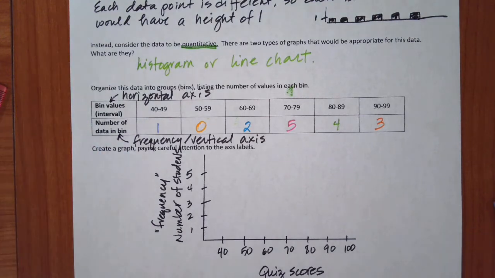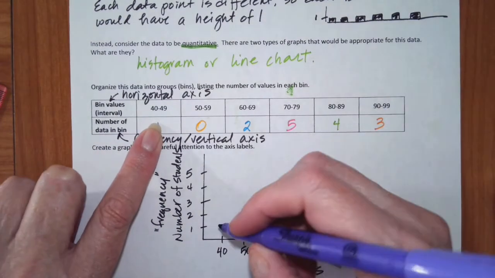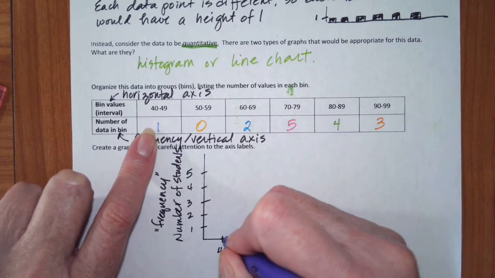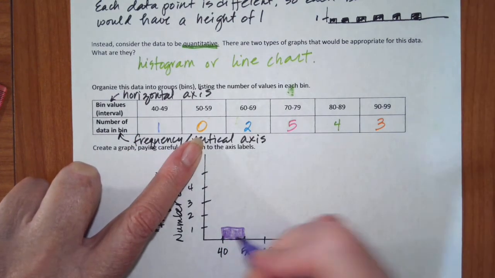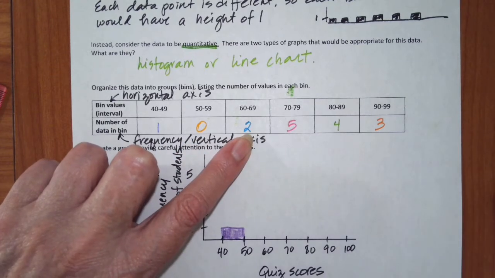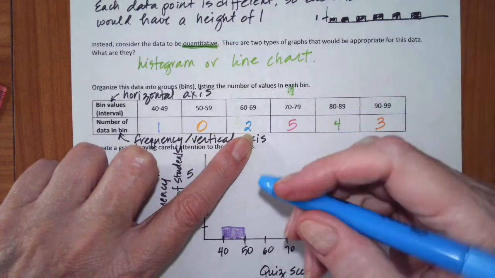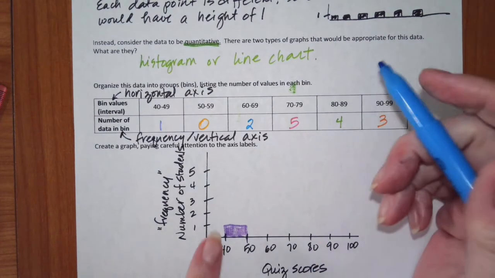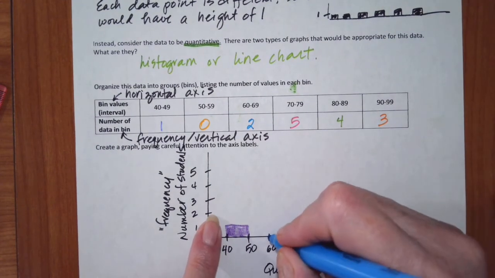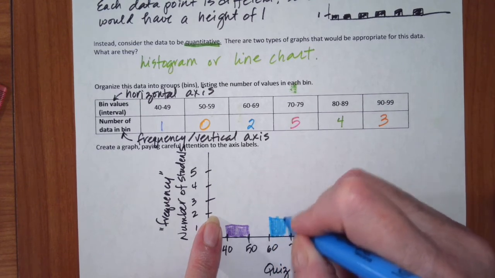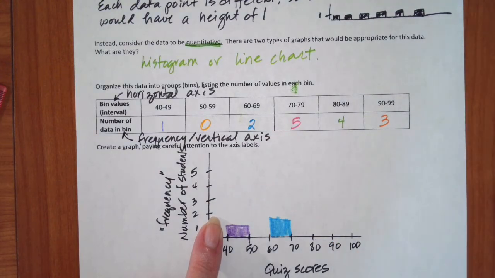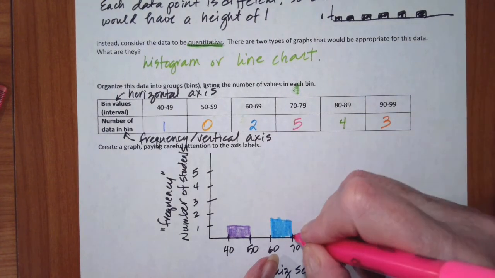Okay, so for my first one here, 40 to 49, there is 1 in that bin. Okay. 50 to 59, there is 0. 60 to 69, there are 2. 70 to 79, there are 5.